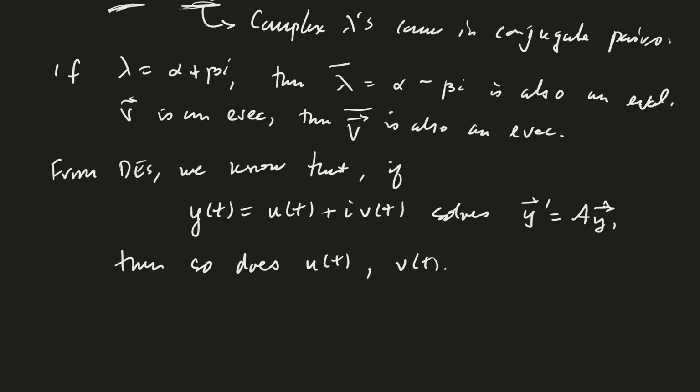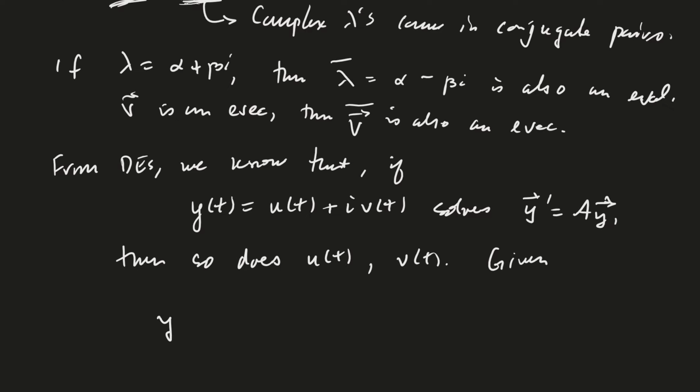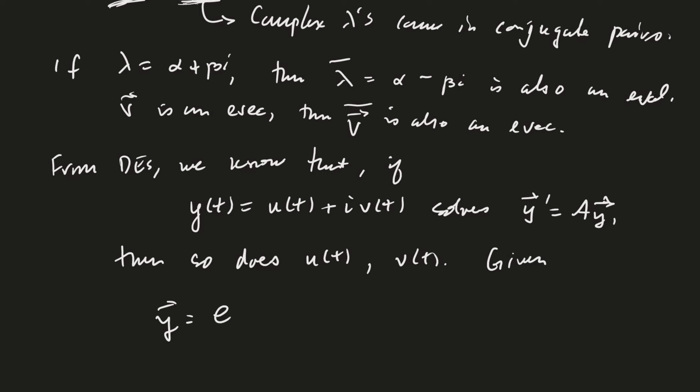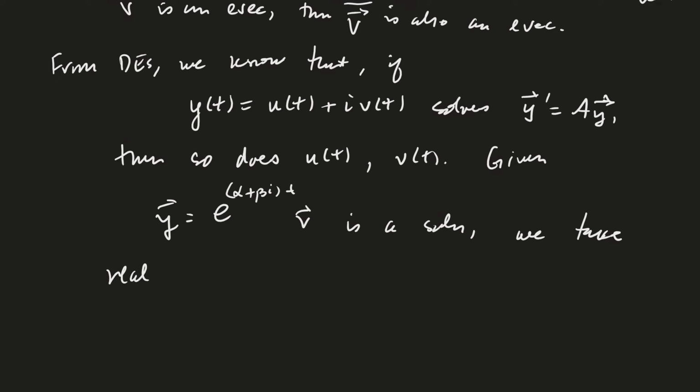Therefore, given y equals e to the alpha plus beta i t times v is a solution, we don't take the complex solution, we take the real part as one solution and the imaginary part as the second. That might be confusing, so let's see how that's going to work.